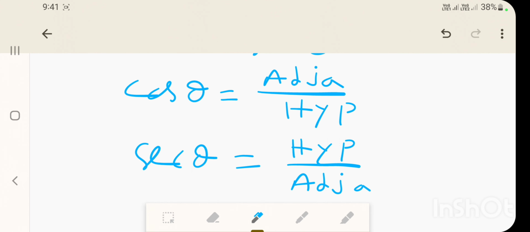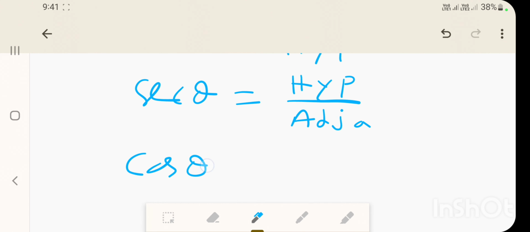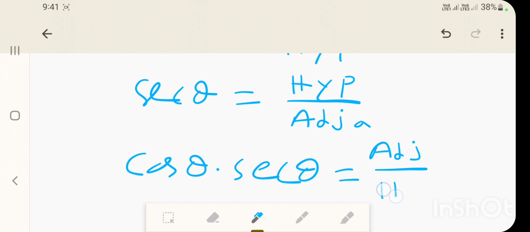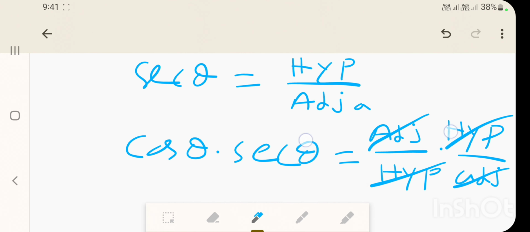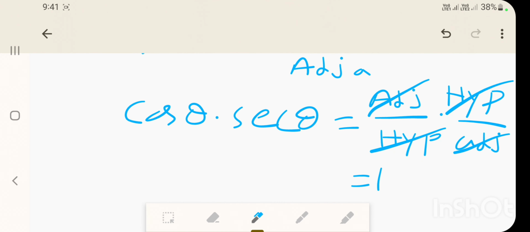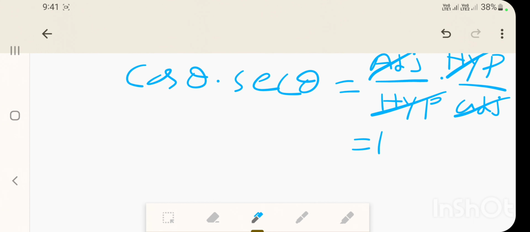If you multiply these two, we have adjacent length divided by hypotenuse length into hypotenuse length divided by adjacent length. The hypotenuse in the numerator and denominator will get cancelled, and the adjacent length as well, and we get 1. So cos theta into secant theta is equal to 1. This is the second relation.